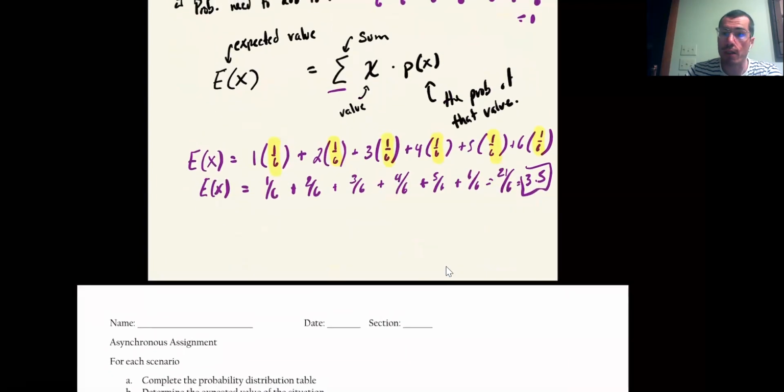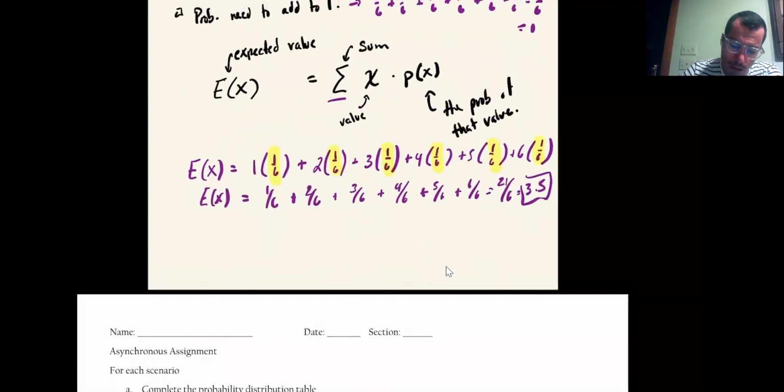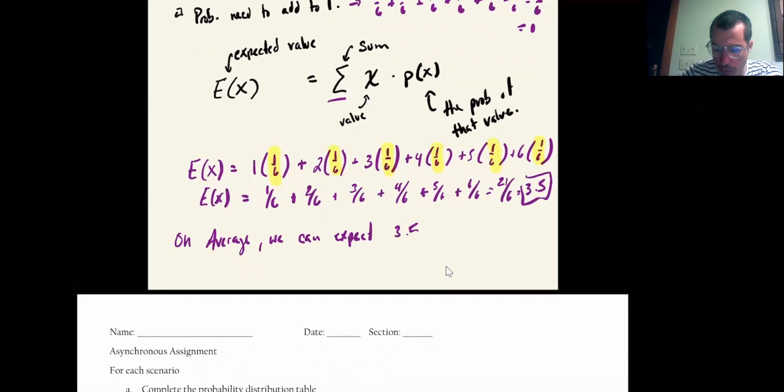So hey, what does this mean? On average, we can expect 3.5 points per roll of the dice.